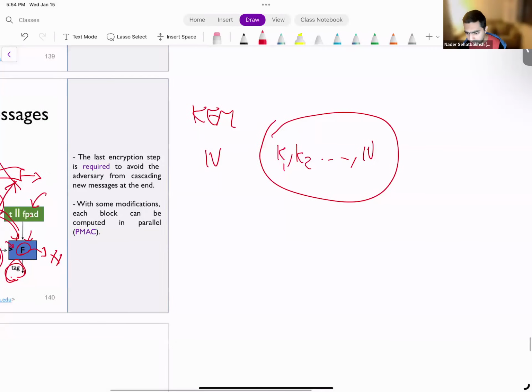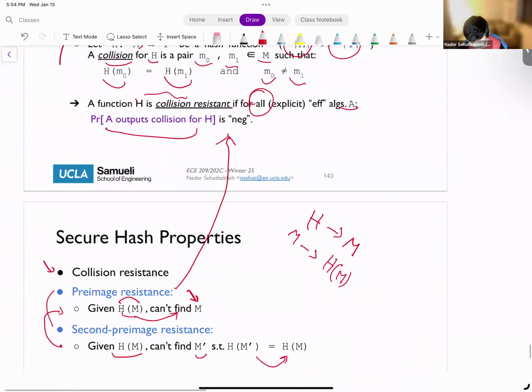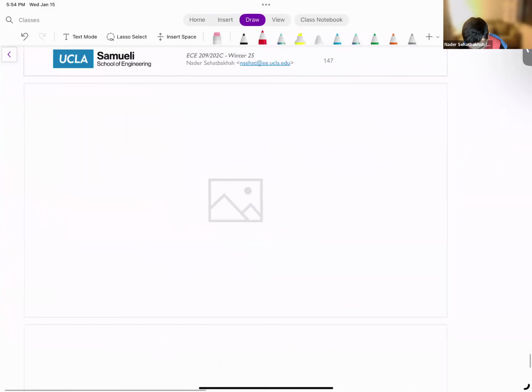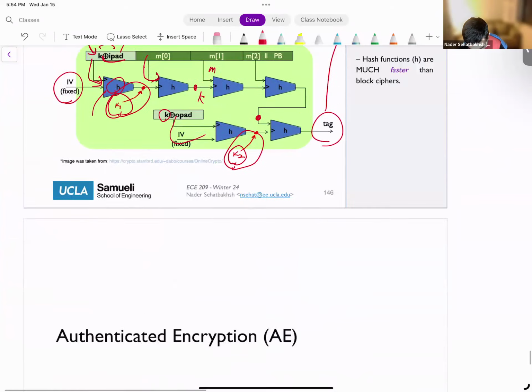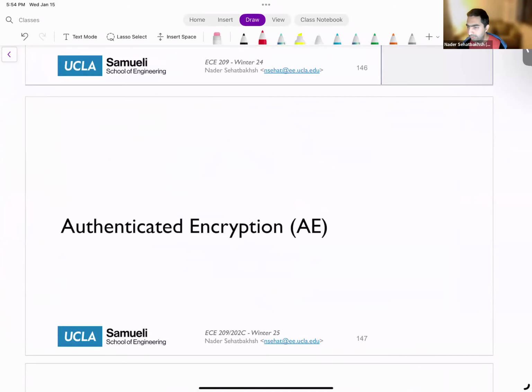Any other questions? Great. So we talked about hash functions. I think we are almost there. There are two final things I want to talk about. One is authenticated encryption, and the second one is digital signatures. Authenticated encryption, or AE, is a combination of MAC and encryption.